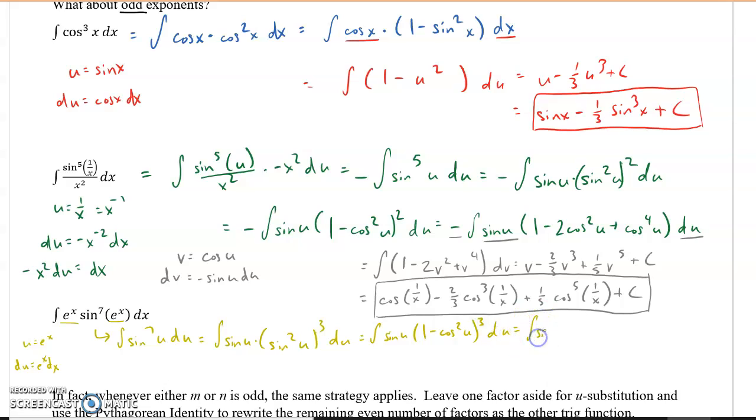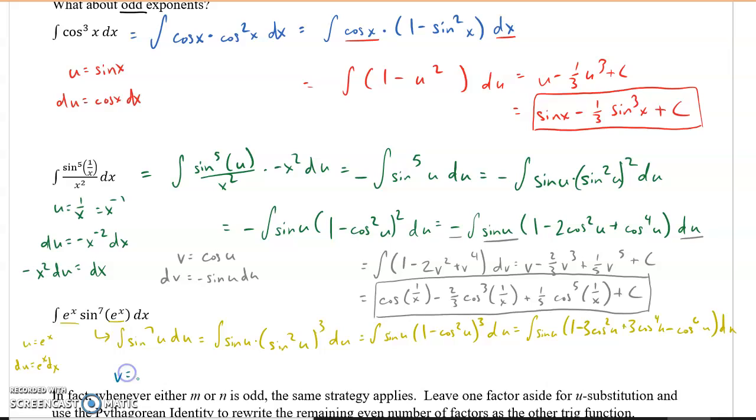So we've got sine of u times 1 minus 3 cosine squared of u plus 3 cosine to the fourth of u minus cosine to the sixth of u du. All right. So remember, we want a v value that differentiates to sine of u.